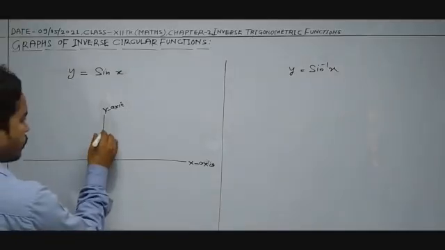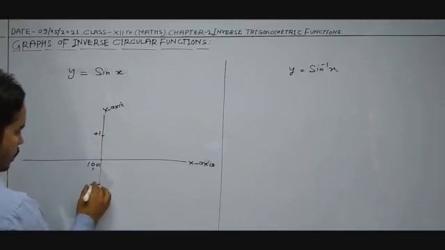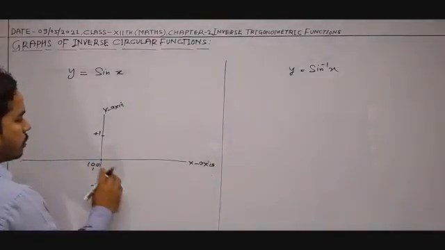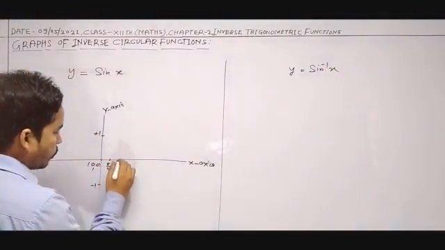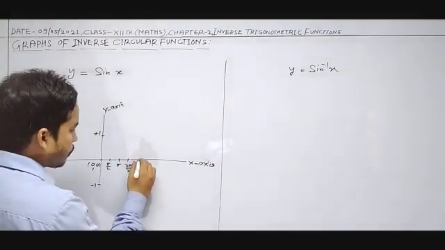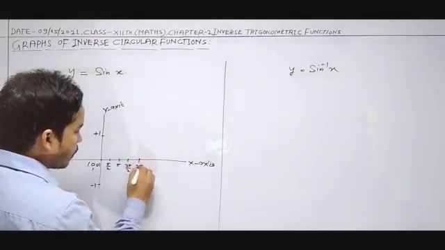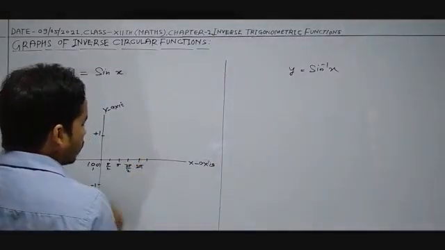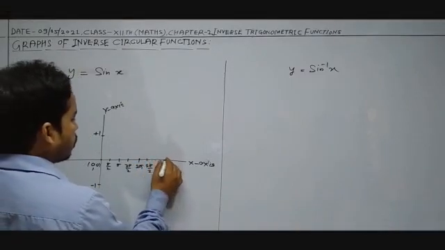Consider this is plus 1 and this is minus 1, and this is 0 degree, the angle on the x axis: 0 degree, pi by 2, pi, 3 pi by 2, 2 pi, and 2 pi plus pi by 2, that result is 5 pi by 2, and so on.